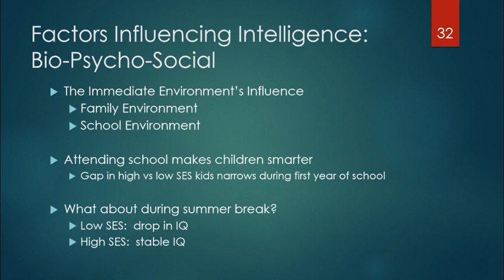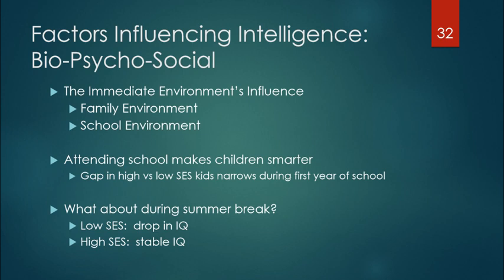So before school starts, we see the high socioeconomic class kids scoring higher on these intelligence tests, and the low socioeconomic class kids scoring lower. But once they both start school, the low SES kids catch up pretty quickly to the high SES kids. So school, in a way, is like the great equalizer.